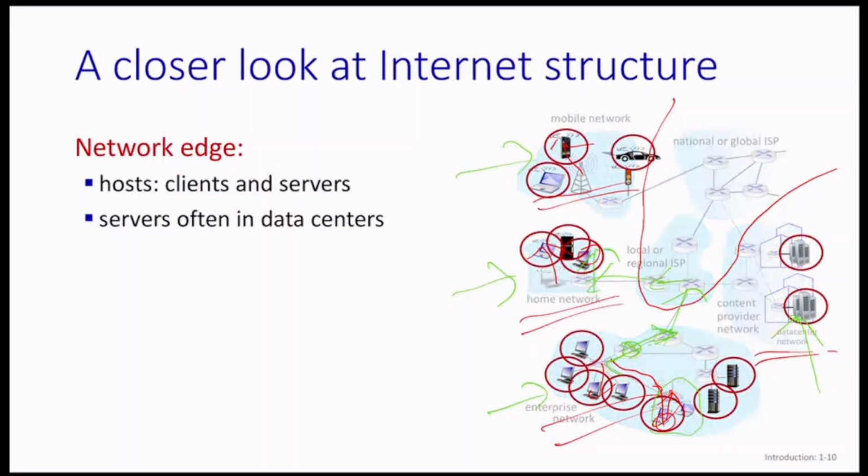The network edge includes hosts: the client part, that is the smartphone, and the server part, some desktops or servers in the data center. Most servers are in the data center.